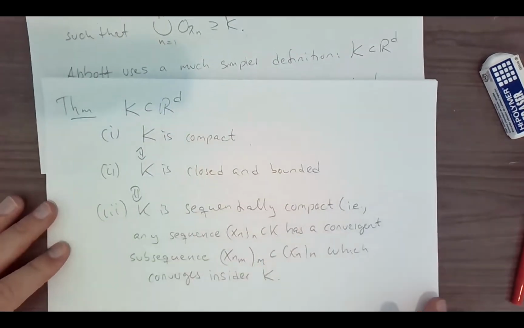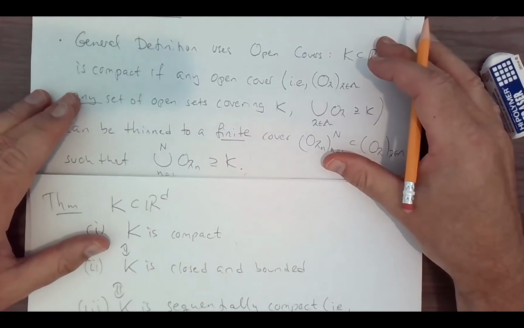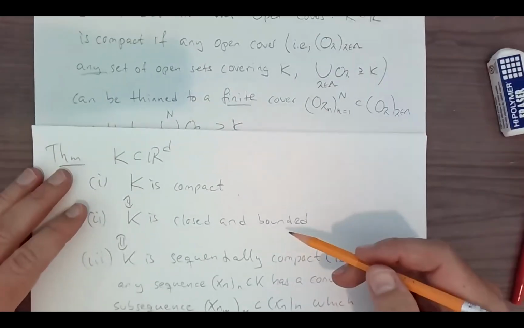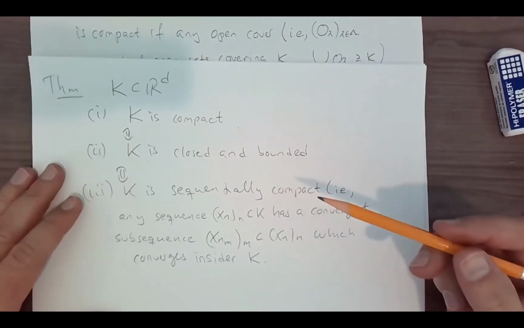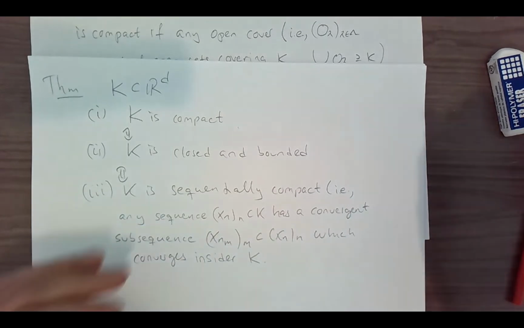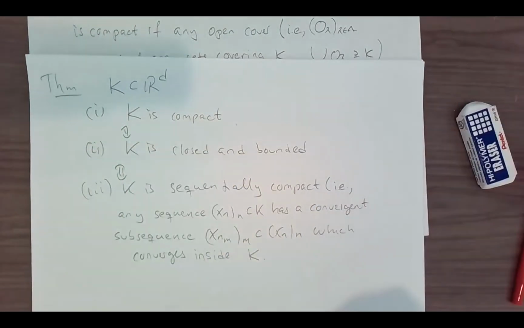So this is the big result. So if you take this abstract definition up here, you can prove that this abstract definition is equivalent to K being closed and bounded, is equivalent to it's sequentially compact. So it means that you take a sequence inside the set, that sequence is going to have a convergent subsequence that has a limit inside the set K. These things are all the same.